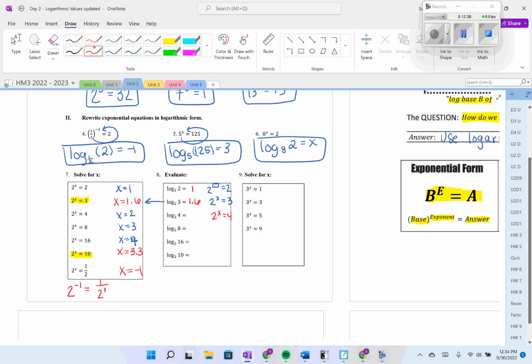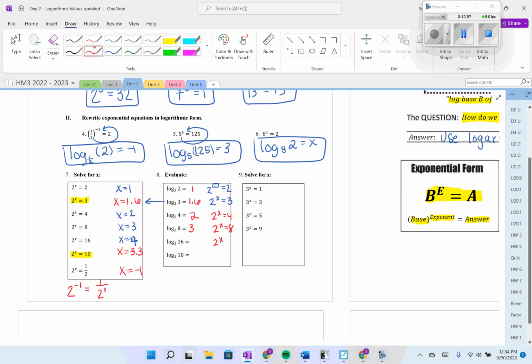We have to figure out then that this would be 2 squared, because 2 squared is 4. So 2 to what power is 8? We know that 2 to the third power. So log base 2 of 8 equals 3. Log base 2 of 4 equals 2. Log base 2 of 3 equals 1.6.